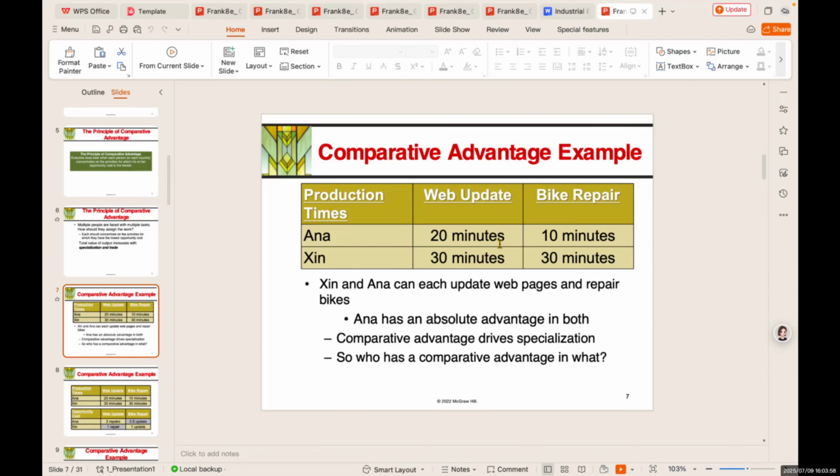Noticeably, if there are only 2 tasks and we use one to express the opportunity cost of the other, and no monetary concept is introduced in this simple scenario, we can see that the opportunity costs of the 2 tasks are reciprocals of each other. So you can pause the video and think about the situation for Xin. Yes, the opportunity cost of each of the 2 tasks for Xin is 1 unit of the other task.